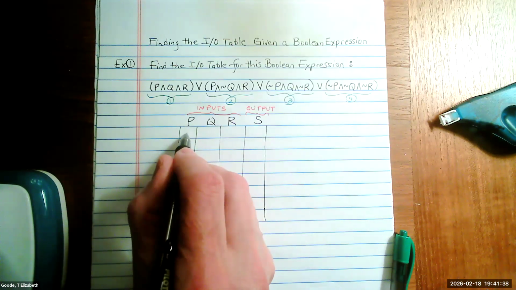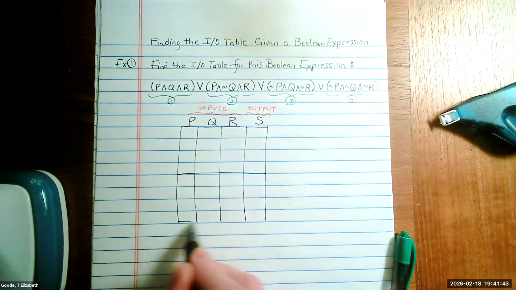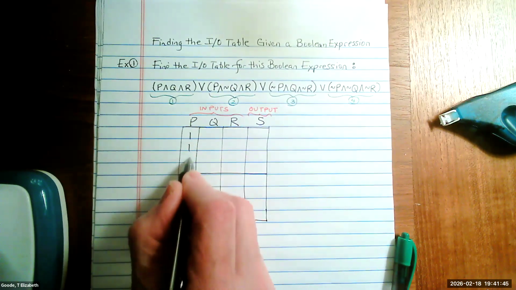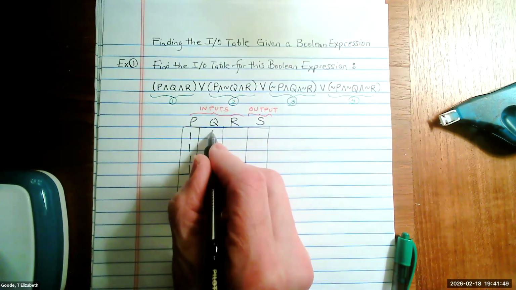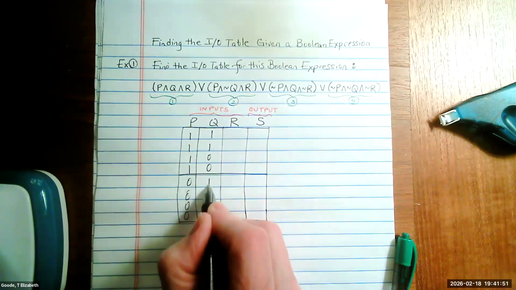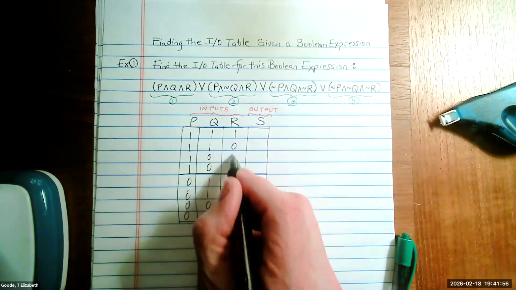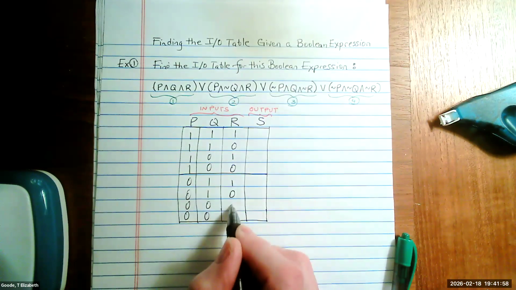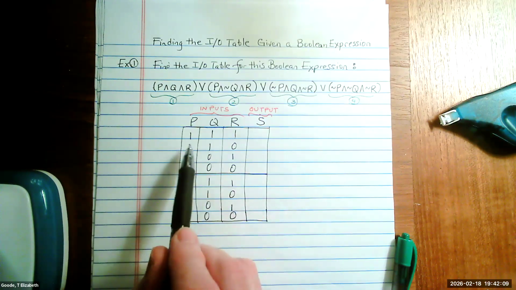Okay, here we go. Under P, we're going to put 11110000. Under Q, 11001100, and under R, 10101010.